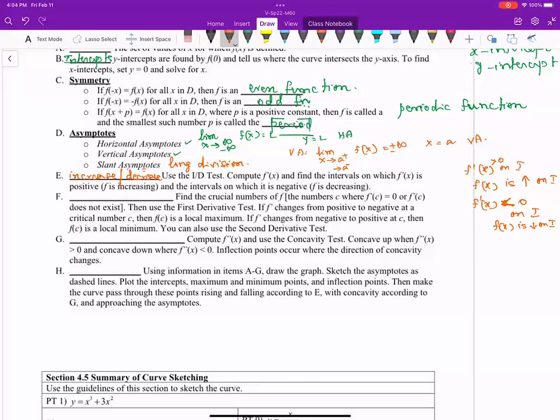Then we also find the local max and local min. Find the critical points.